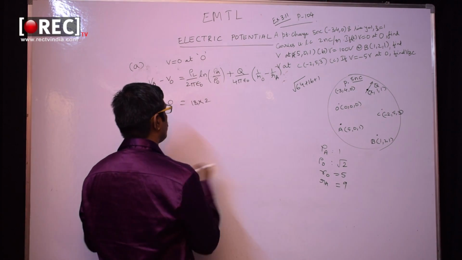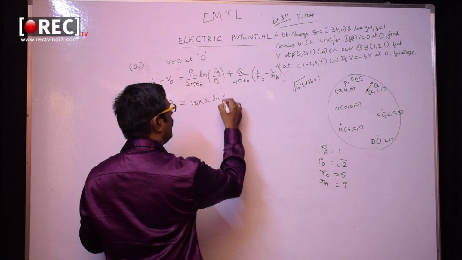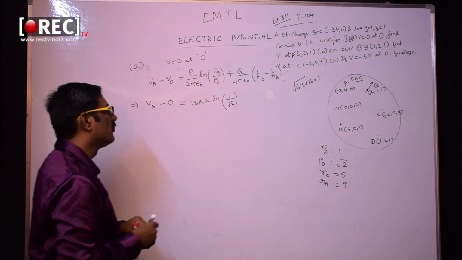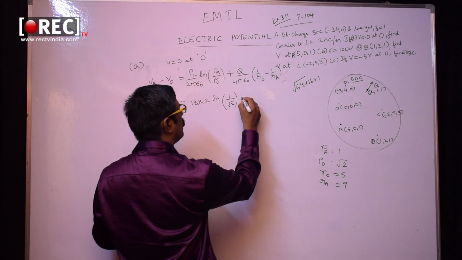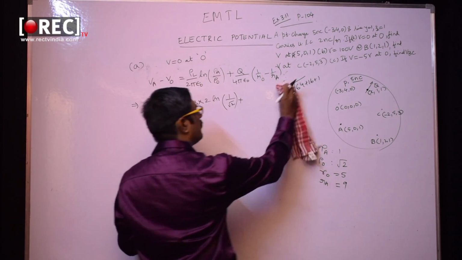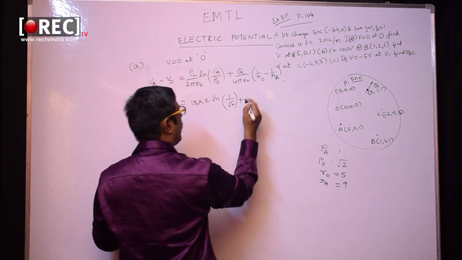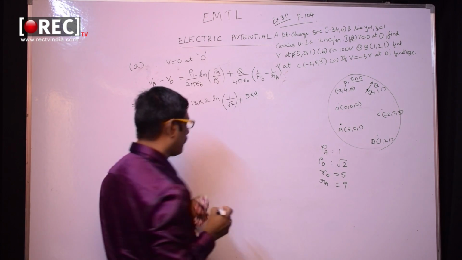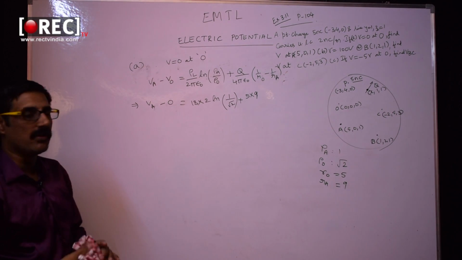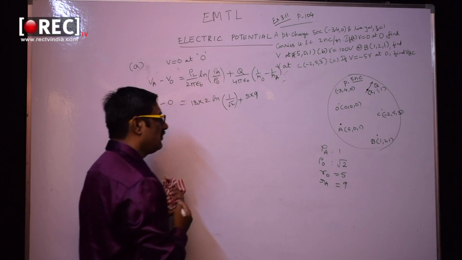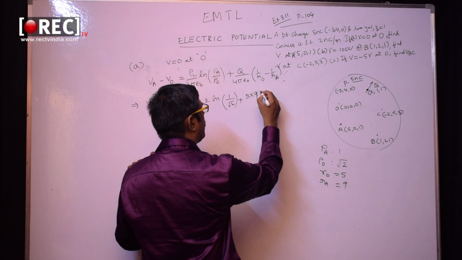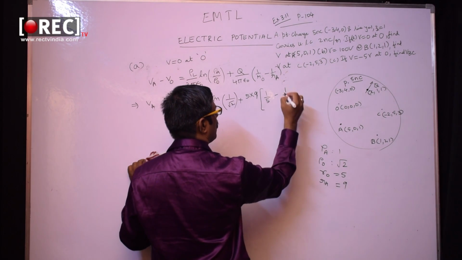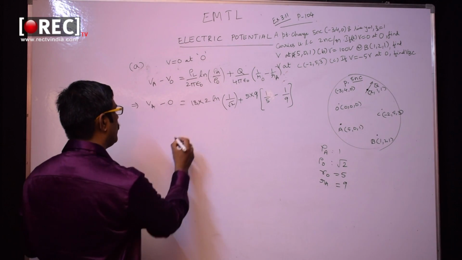And of course here it is ln of rho A, which is 1, over rho naught, which is root 2. So ln of 1 by root 2, plus Q, where the given value of Q is 5 nanocoulomb. So it is 5 into 9, simply; I am not writing the 10 powers because they get cancelled, divided by, into 1 by R naught, which is 1 by 5, minus 1 by 9. Okay. So let us evaluate this.